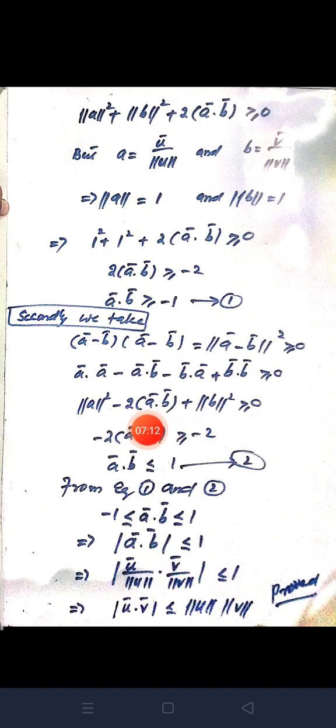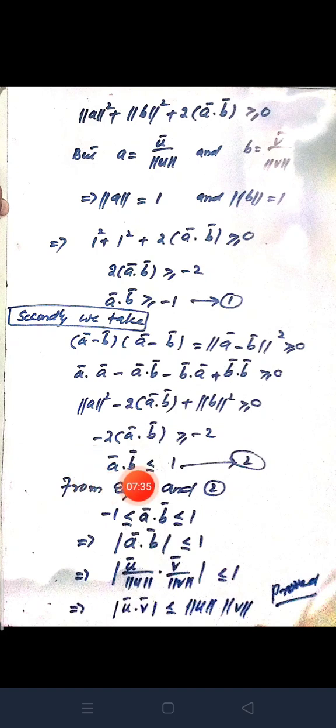So first we take two vectors, (a plus b) dot (a plus b). We know that a vector dot a vector is equal to norm of the vector square. So this is equal to norm of (a plus b) square, which is always greater than or equal to 0. Multiplying these two vectors, which is also greater than or equal to 0.